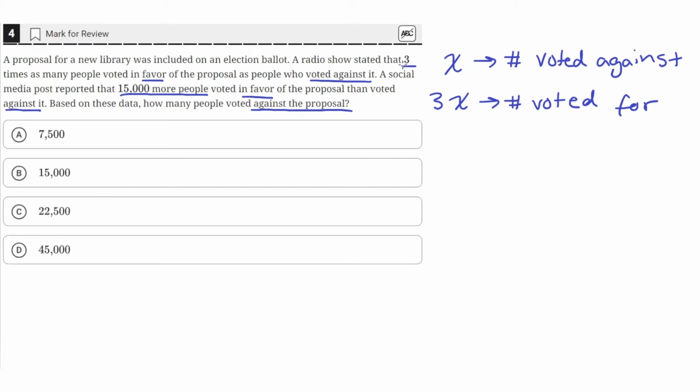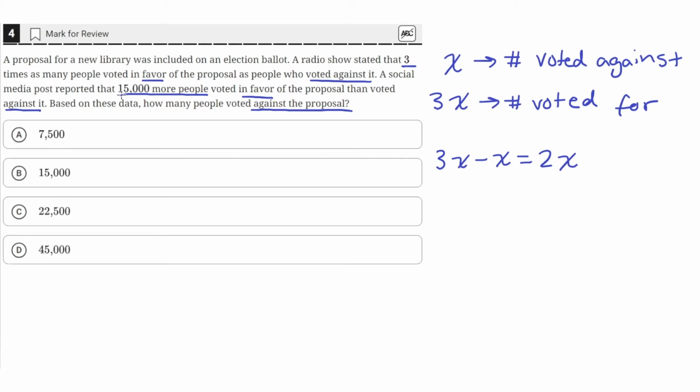We can see that they stated that in the problem here, that 3 times as many people voted in favor than those who voted against. So that would mean the quantity 3x minus x would equal how many more people voted for the proposal than those that voted against.